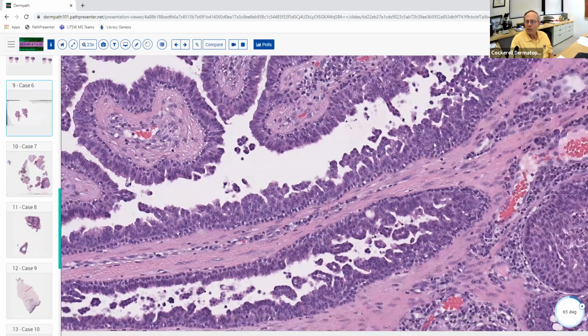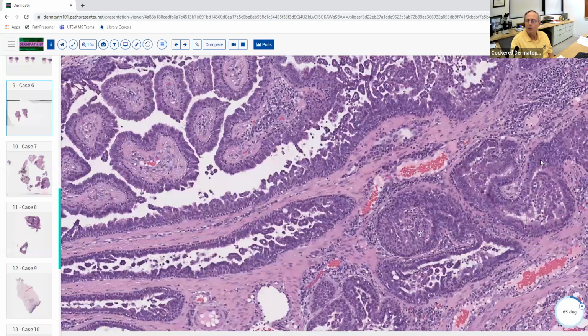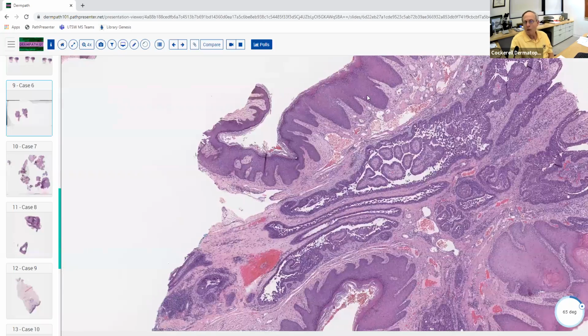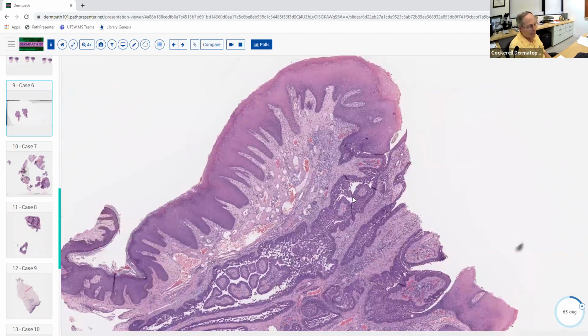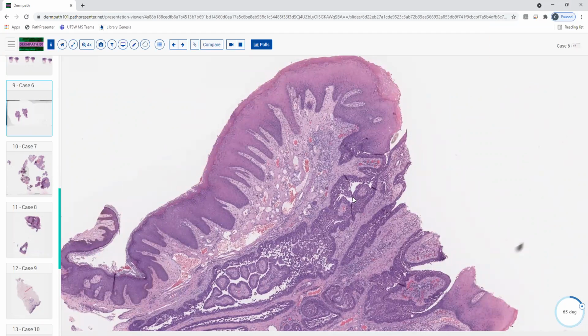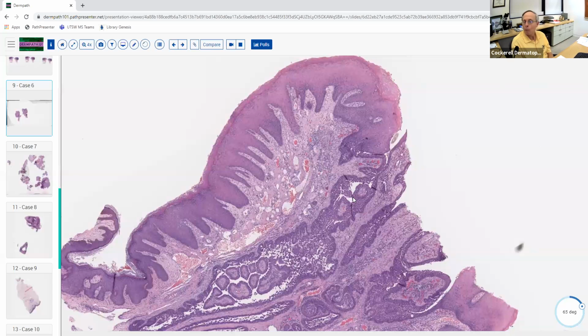There's one other entity in the differential diagnosis of this that's not on the scalp, and it's not a hidradenoma papilliferum. Anybody know what that entity might be? On the breast, for example? Oh, like intraductal papilloma. Yeah, like a nipple adenoma or erosive adenomatosis of the nipple. That actually can look a lot like the Syringocystadenoma papilliferum.